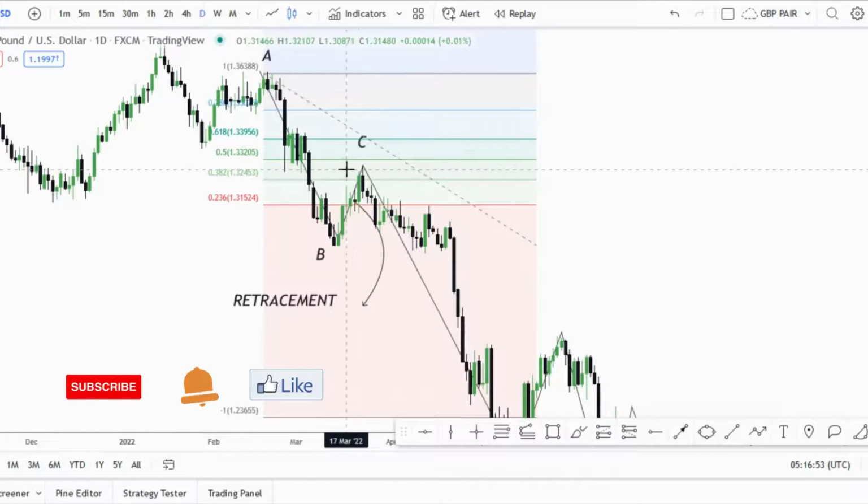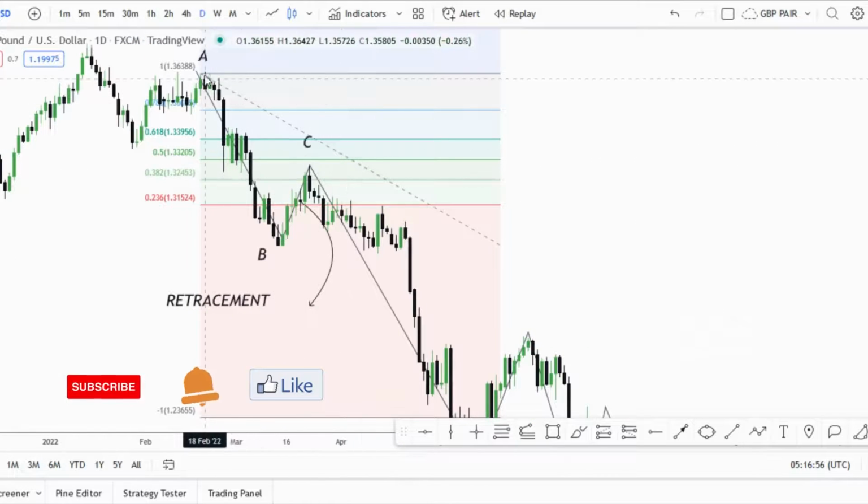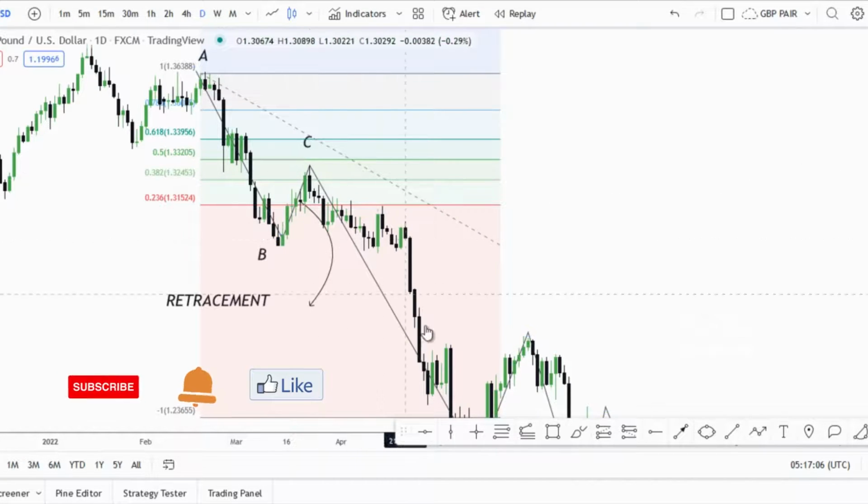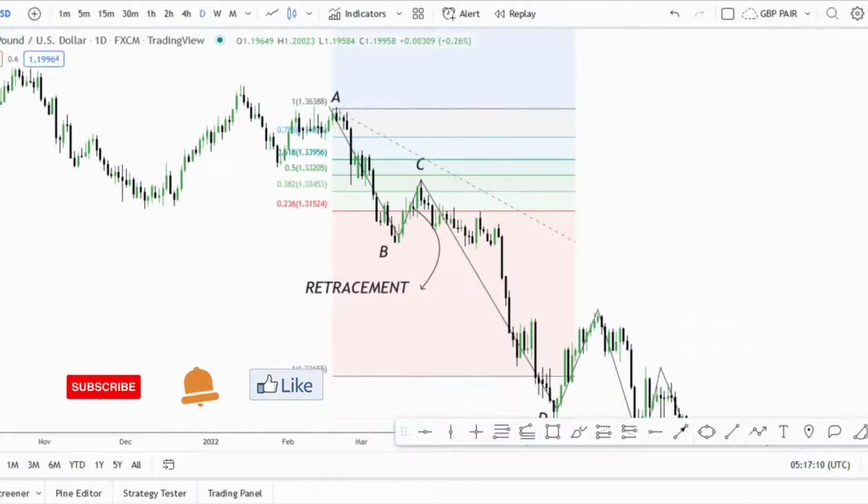Now let's focus on Fibonacci retracement. Price came from point A to B, and then pulled back to C before going in the direction of the trend.